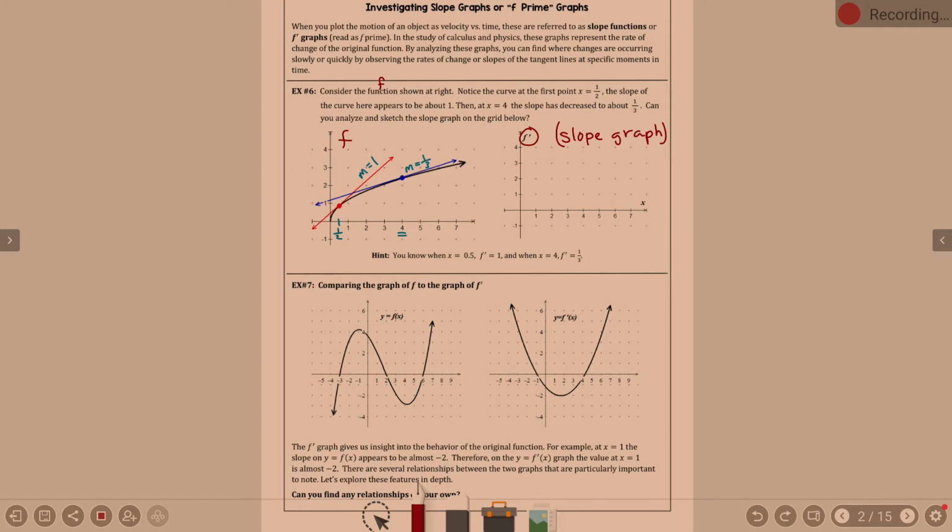So the idea is looking at the points. At 1/2, the slope is approximately 1, yes? So at 1/2, we're going to put a point at 1. The other piece we were given is at 4, there's a slope of 1/3.